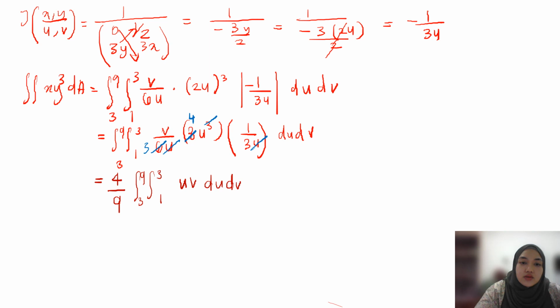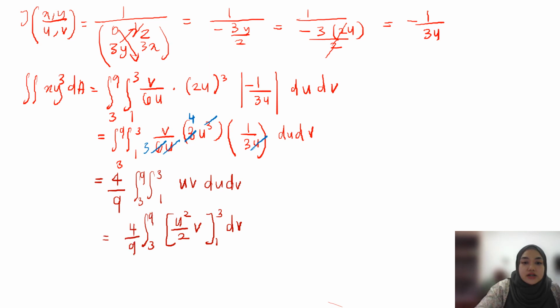Then you have to integrate with respect to u. You will get u squared over 2, and you still have v here, 1 until 3, dv, 3 9, and don't forget to copy down your 4 over 9. So this one you can bring forward 1 over 2, so you get 4 over 18.